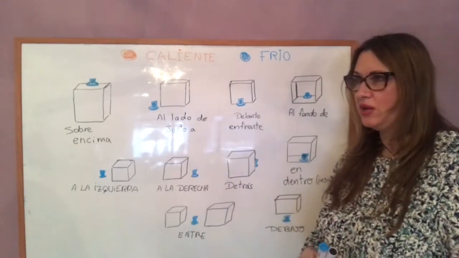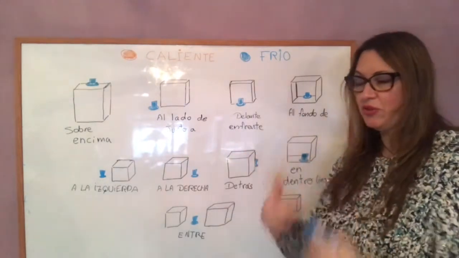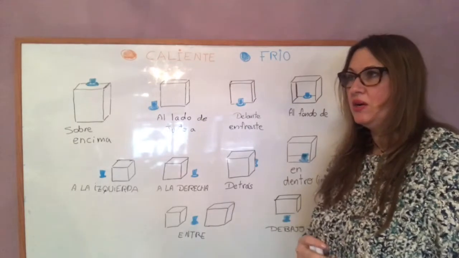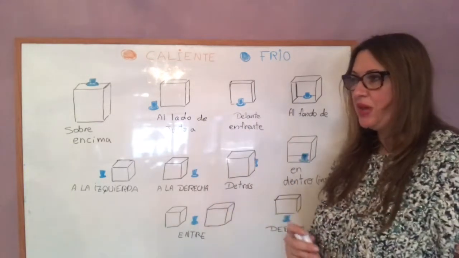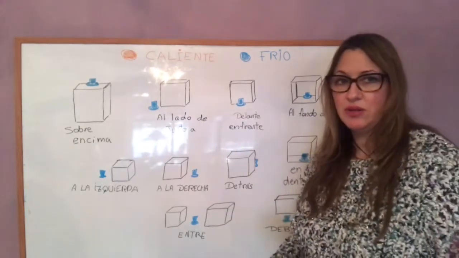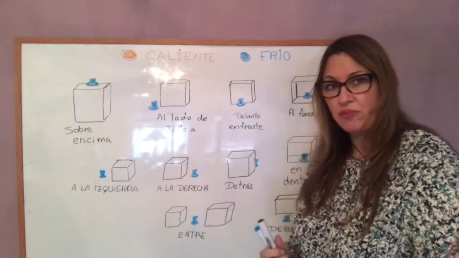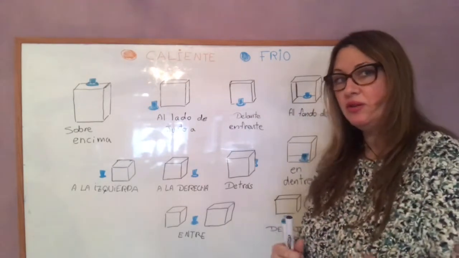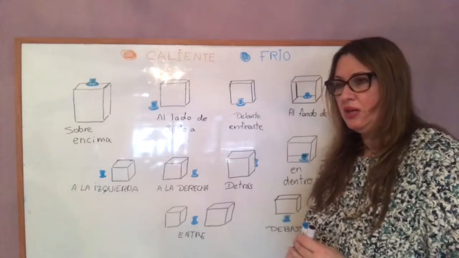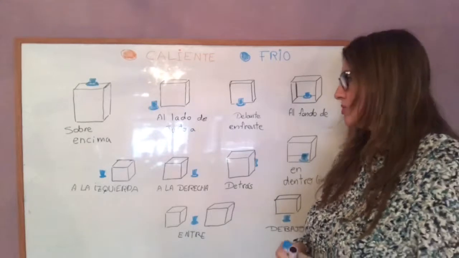For example, if we are at some friend's house, we are waiting at the front door, we would say we are delante of the door, yeah? However, I could be outside in the street and my friend could be on the other side of the pavement, and then that friend would be enfrente, on the pavement in front of me or opposite me.